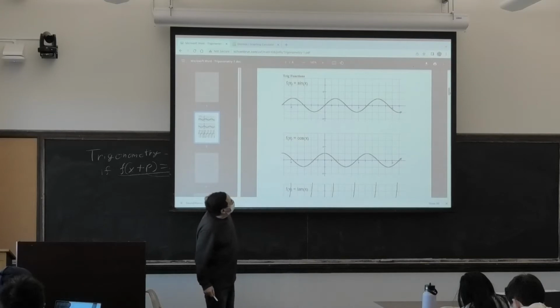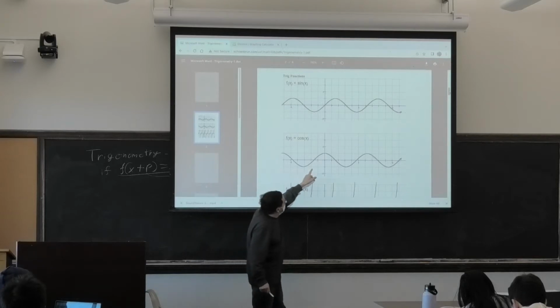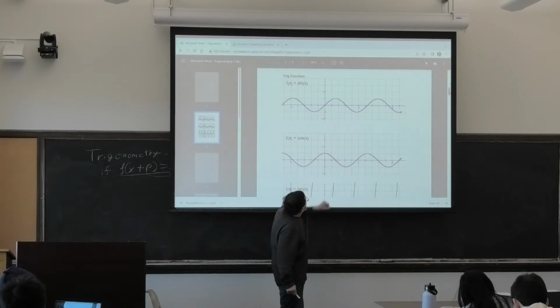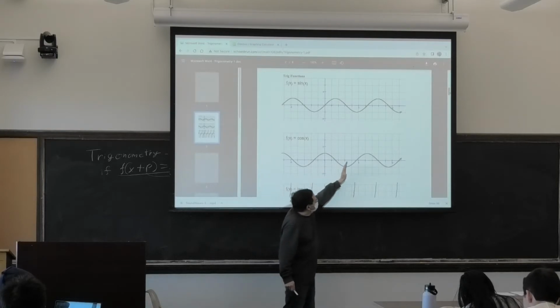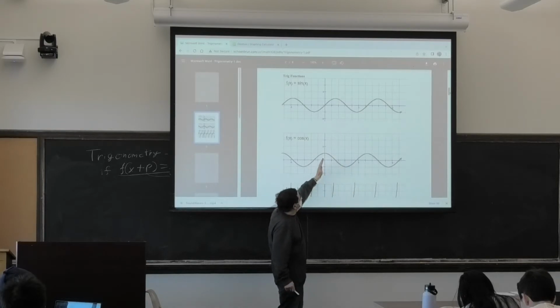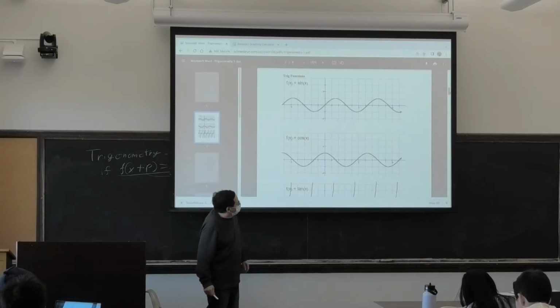It repeats every 360 degrees, or if you're familiar with the radian measure, which we'll get to, every 2 pi. The same with the cosine function, which looks suspiciously like the sine function. It's actually the same curve, but moved over, and we'll get to that. We call that a phase difference.